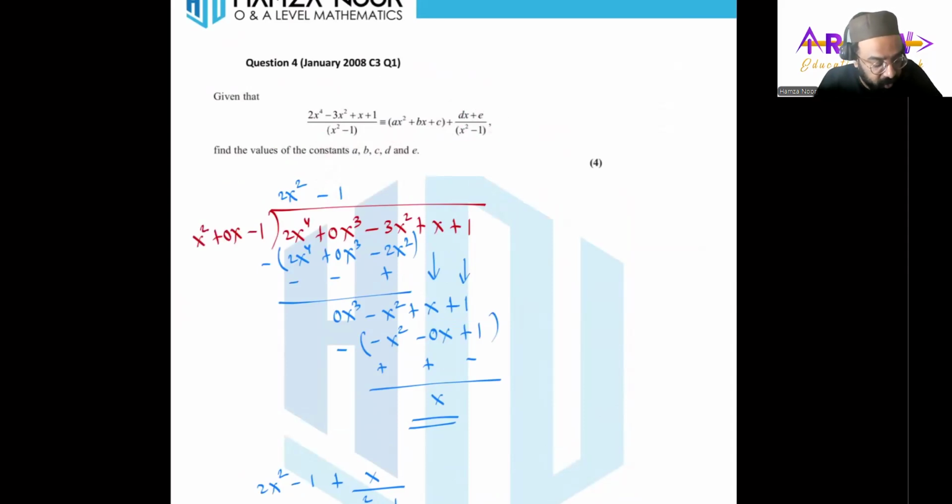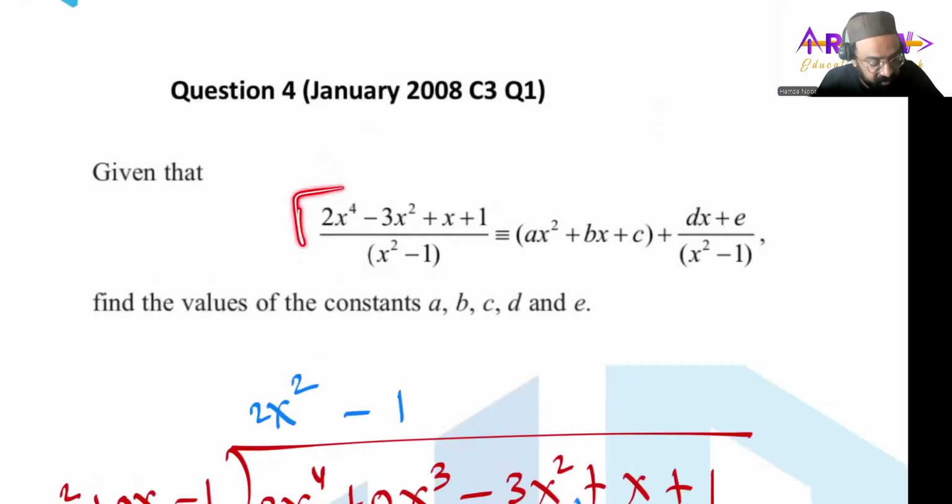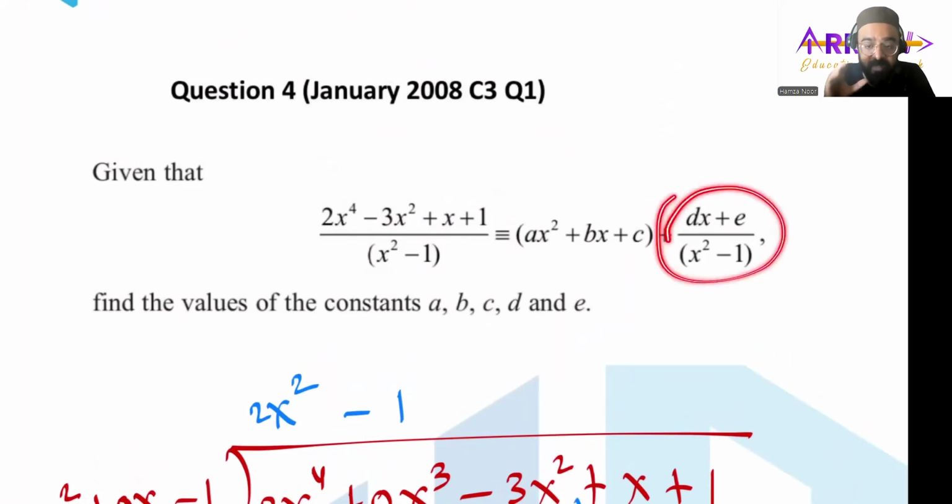Okay, we need to convert this improper fraction into a mixed fraction form, where this dx plus e upon x square minus 1 is basically a proper fraction. Why? Because the remainder's degree is always below the divisor's degree, so this fraction is supposed to be a proper fraction.